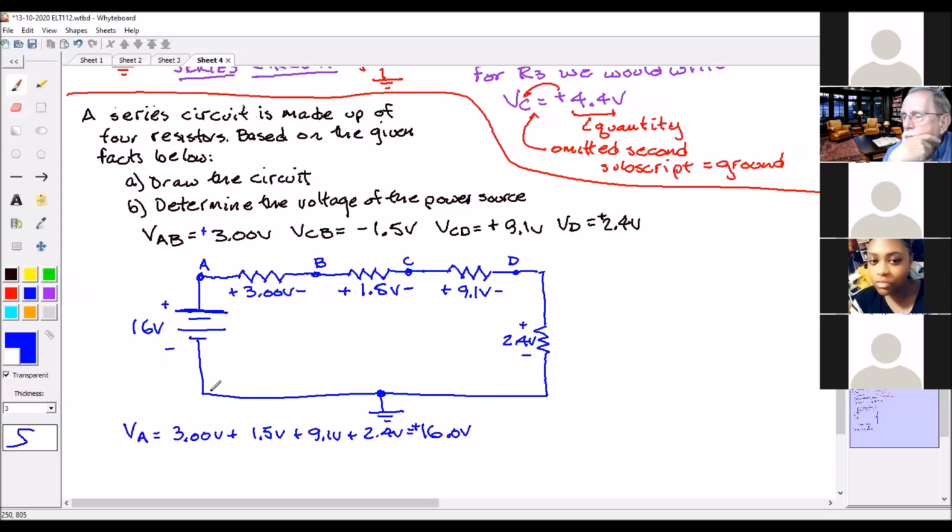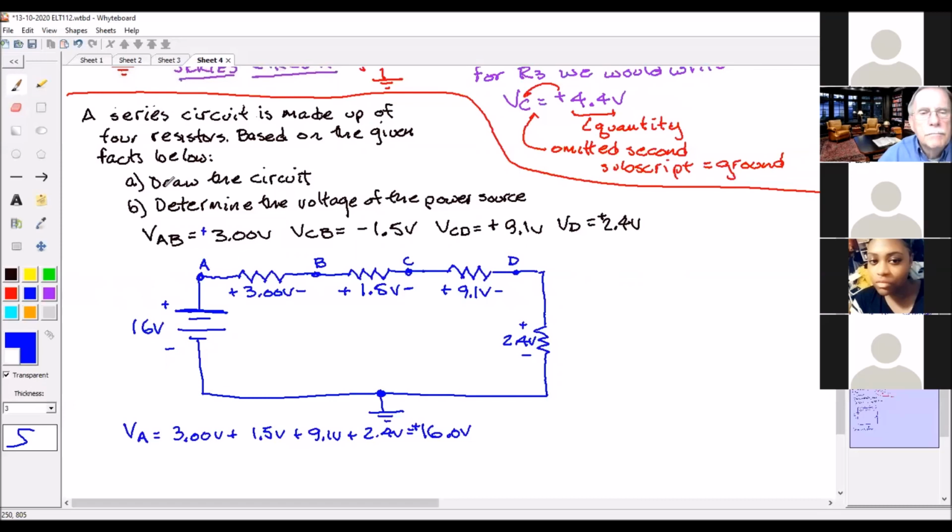You were saying that when you're looking for the voltage of A, you go all the way from A to B, C, D, and then ground. You wouldn't go just from A to ground straight on that short path?